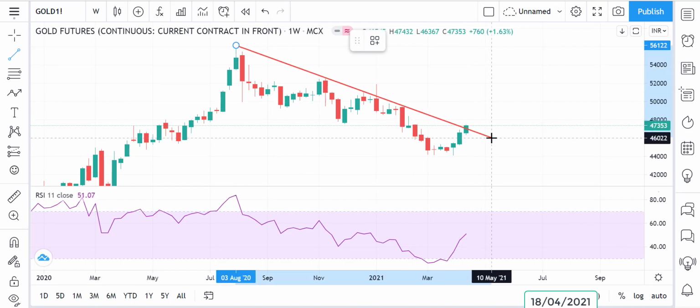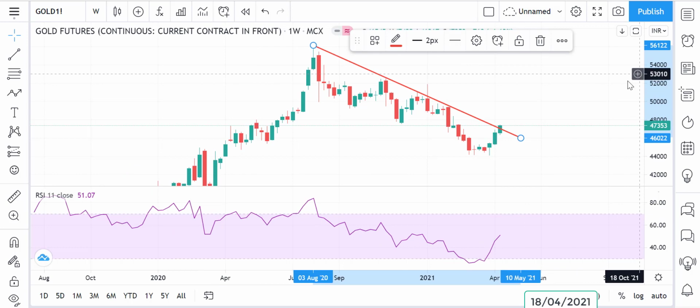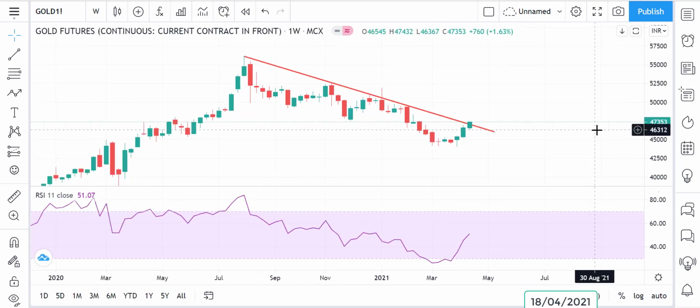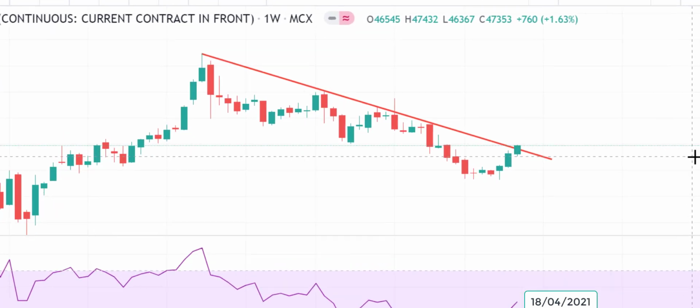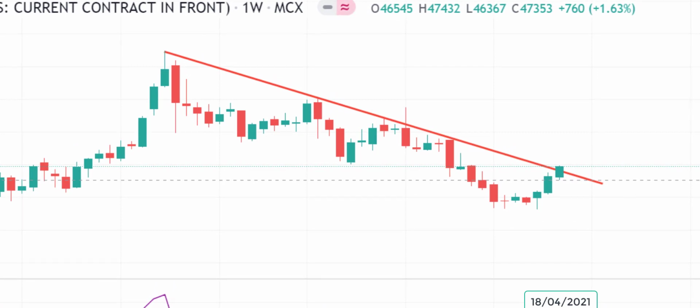And yes, what you can see is a really good breakout, or in other words, initial signs of a breakout on the gold chart in rupee terms.